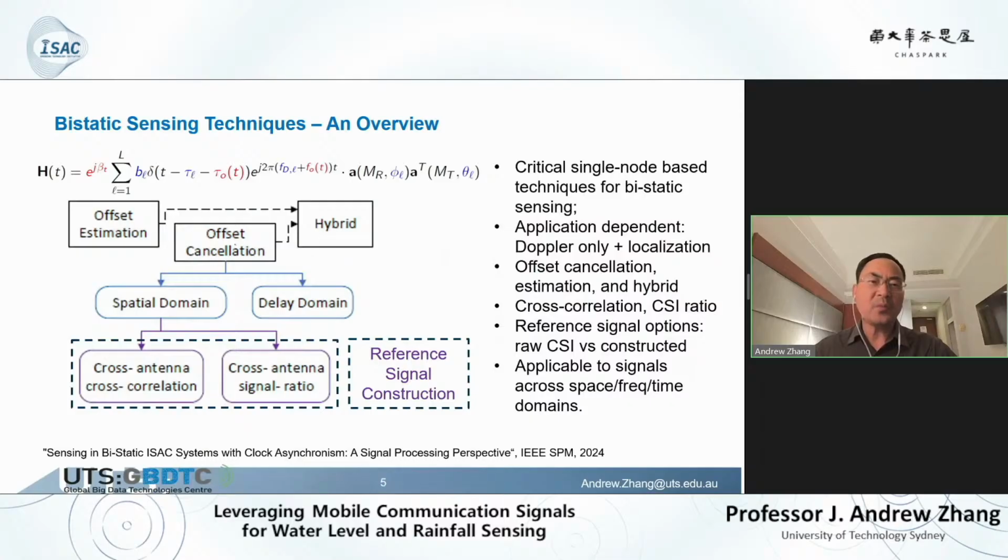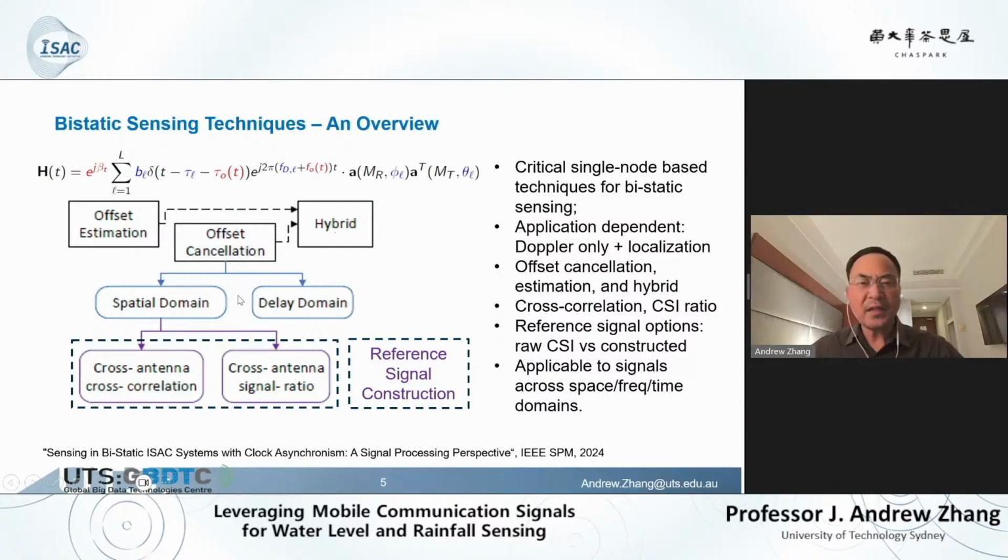And of course, on the opposite, we can try to estimate and compensate for the offsets. So this is the second class of technique. And there's a combination of these two as a hybrid approach. And under each category, there are also multiple subclasses of technique.